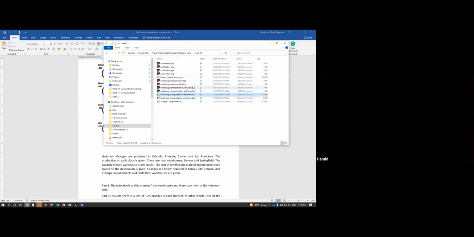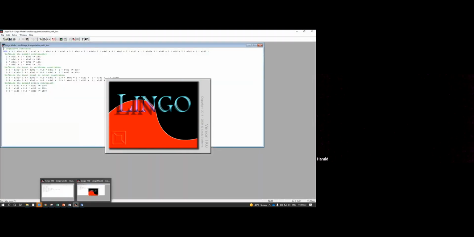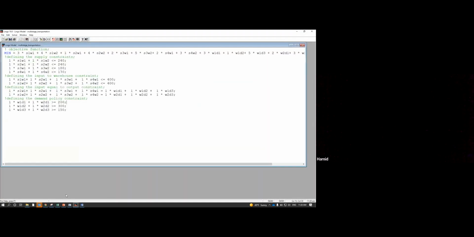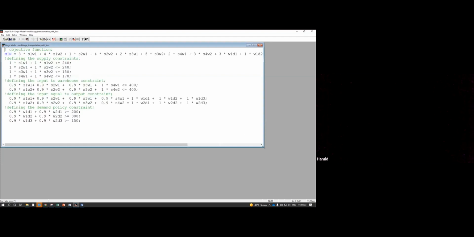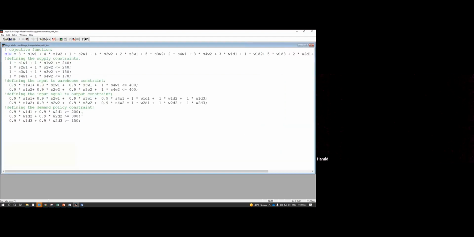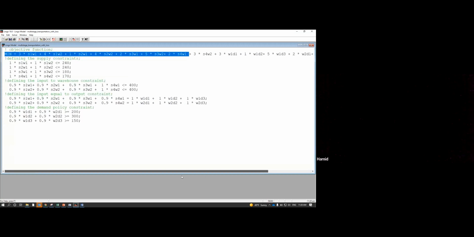Okay, let me open the Lingo problem. If you look at the problem, the objective function is the same, because your objective function refers to the amount you send on each link.